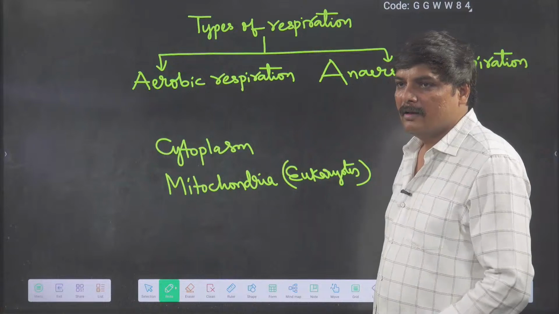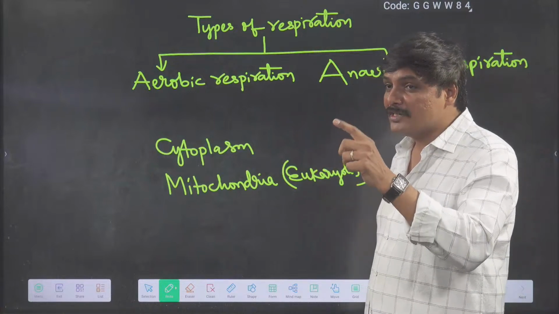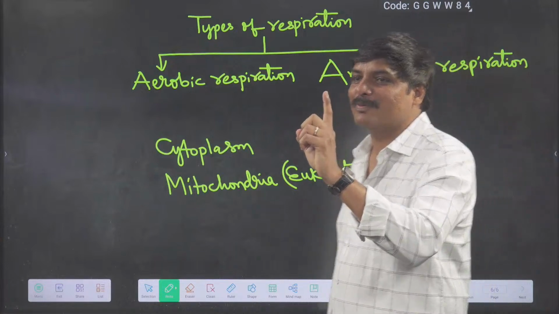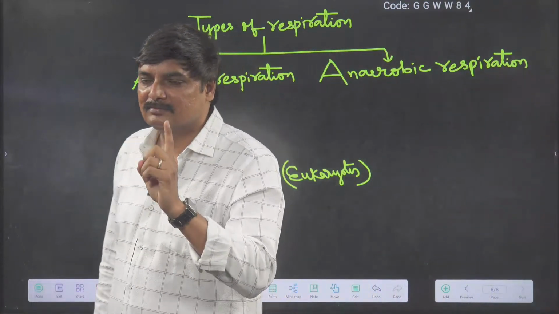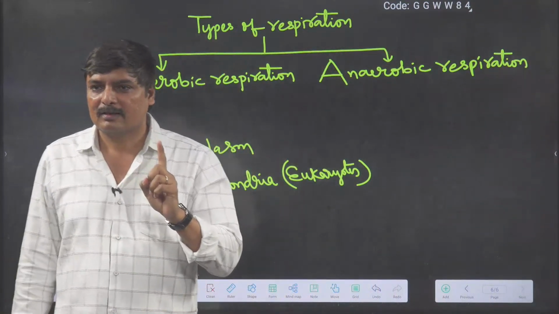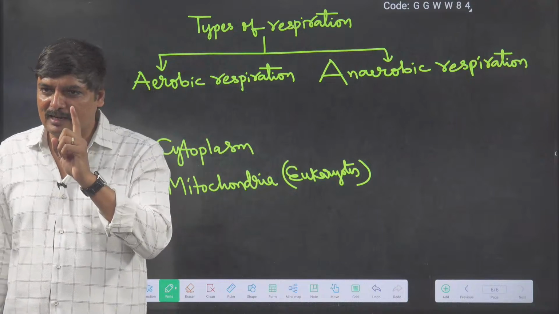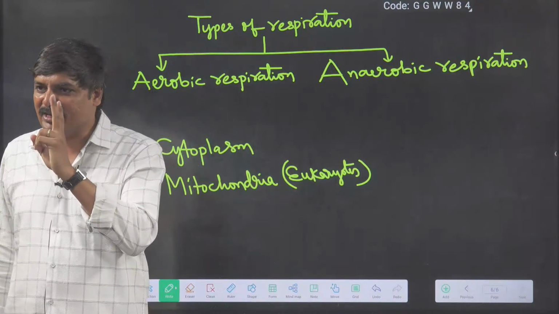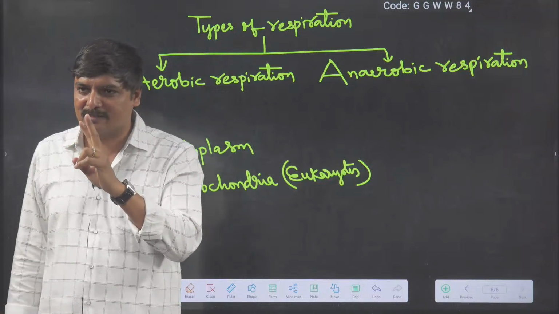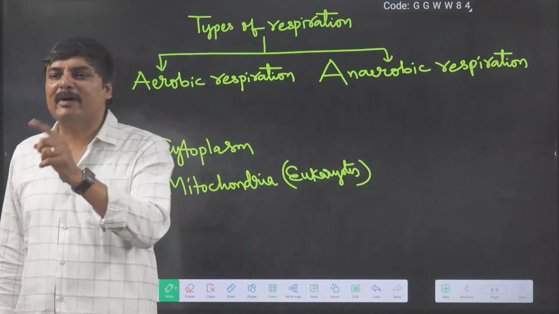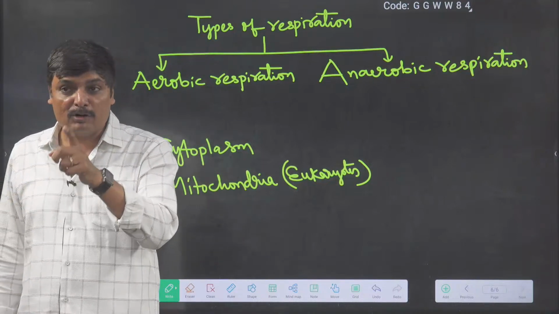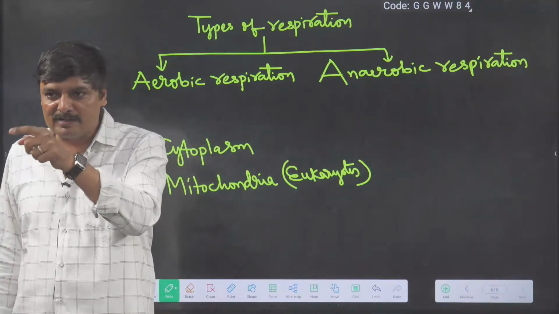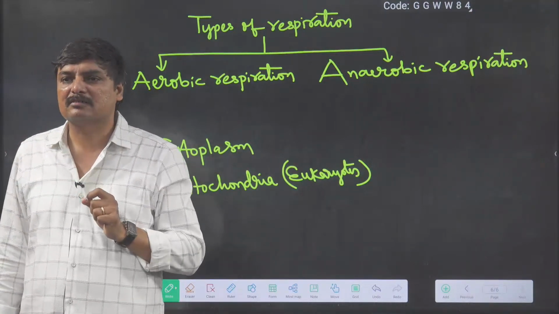You know very well, photosynthesis always occurs in one place only, that is the chloroplast. Respiration occurs in two places: cytoplasm and mitochondria. But mitochondria are absent in prokaryotes. Mitochondria are present in eukaryotes.